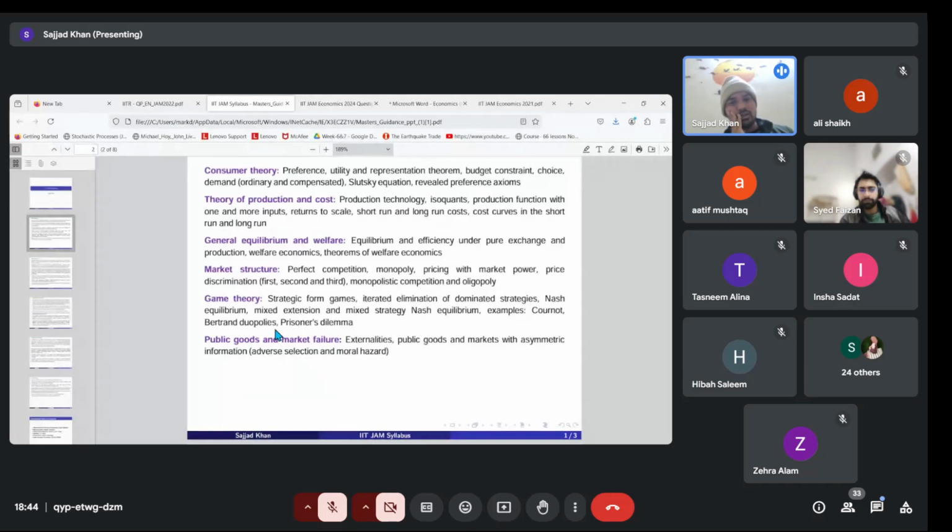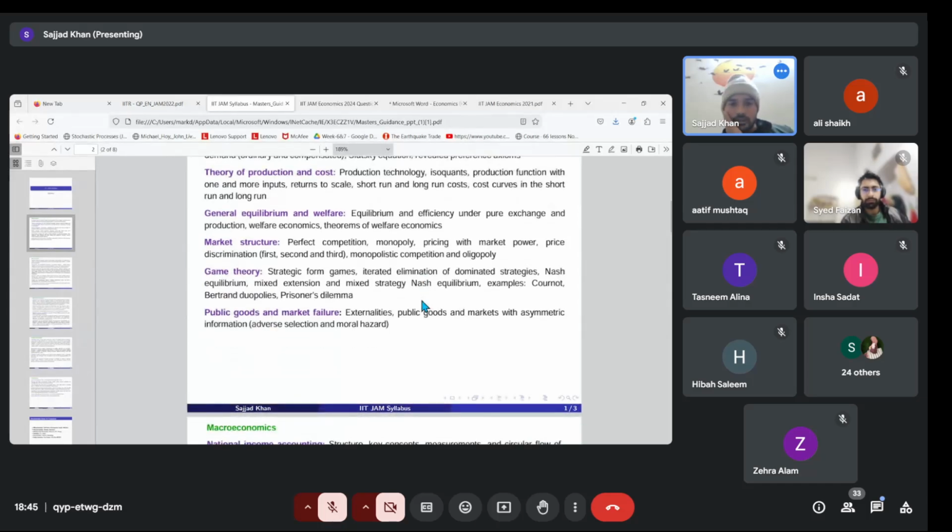In game theory, the most important thing is to know the Nash equilibrium in the matrix. It can be found from the iterated elimination method to know the dominant strategy. If you analyze the 4 year PYQs of IIT-JAM, every year one question, I think of 2 marks for NAT, has been asked from game theory for Nash equilibrium.